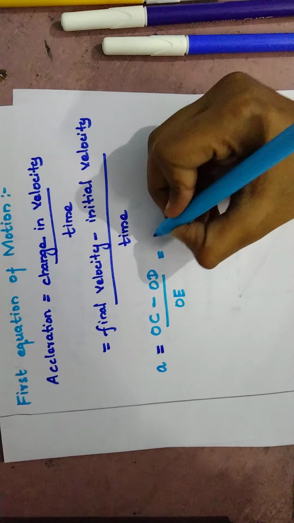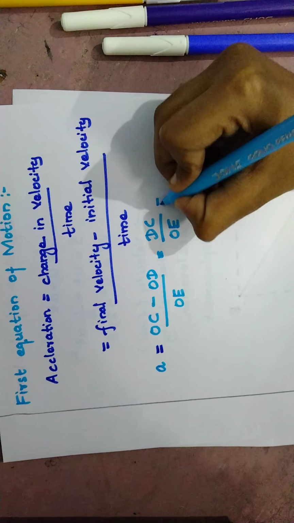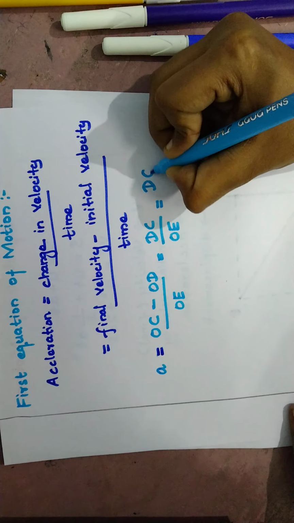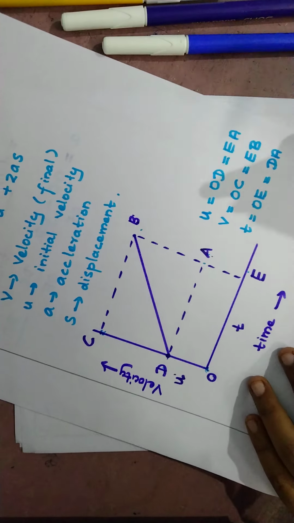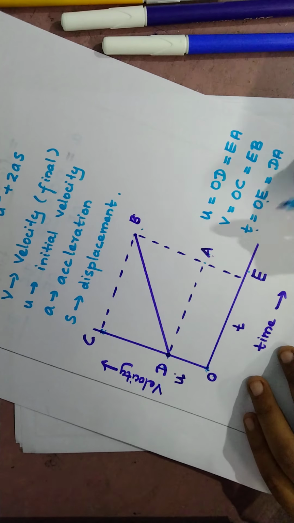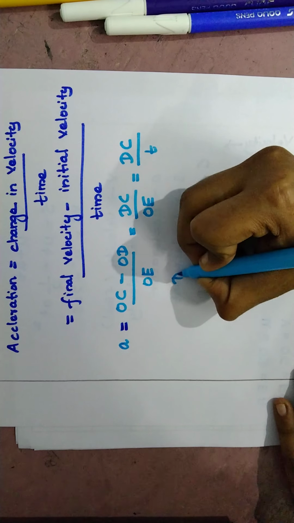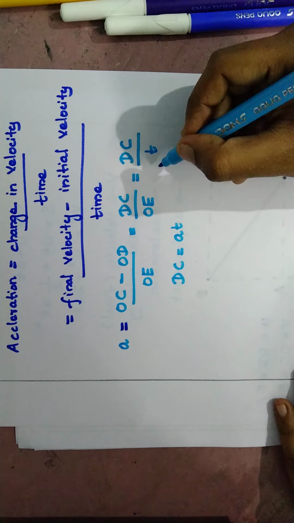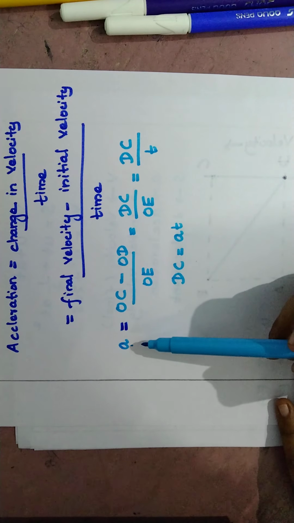So DC divided by OE. We don't know the value of DC, but we know the value of OE, which means T. From this, we get DC equal to A into T, as the T moves to this side.